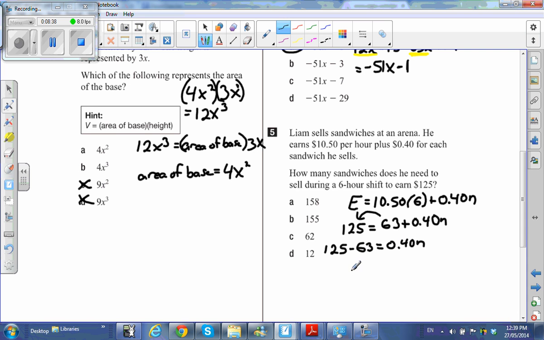So 125 minus 63 would be 62. Then the last thing we need to do, again, is divide by 0.40. N equals 62 divided by 0.4.